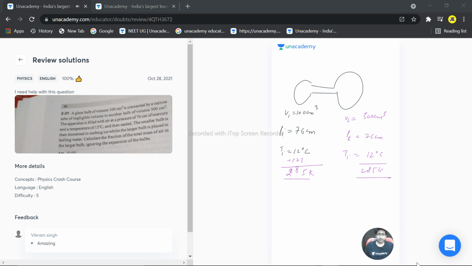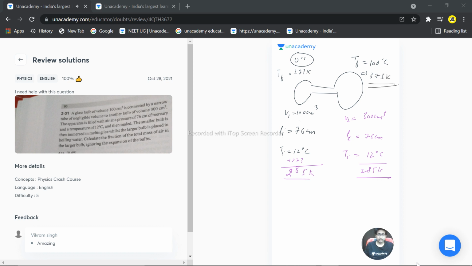The final temperature is 273 Kelvin for the smaller bulb, means 0 degrees Celsius, and for the larger one it becomes 100 degrees Celsius after boiling, so I can write this as 373 Kelvin. That's the final temperature.